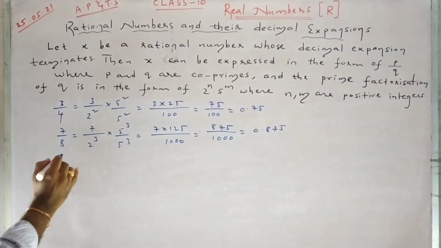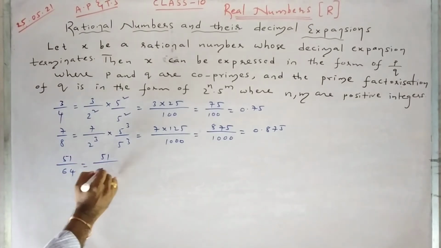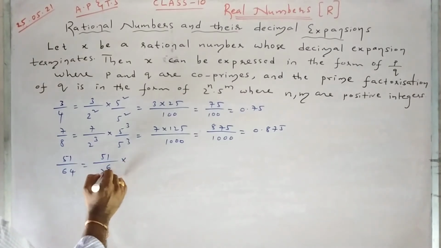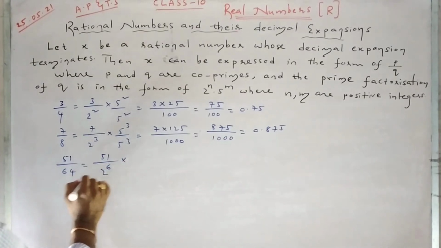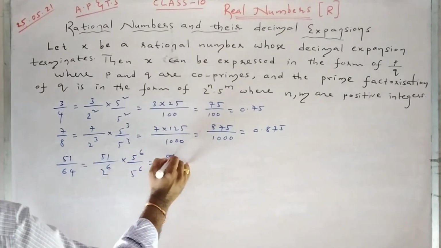51 by 64. We can write 64 as 2 power 6. Only powers of 2. That means it is also a terminating decimal. What is missing? 5 power 6 by 5 power 6.